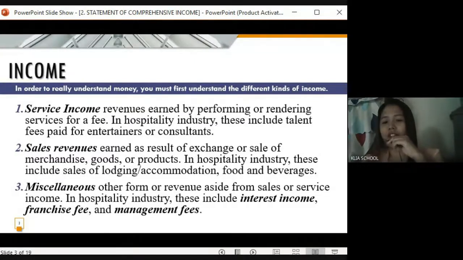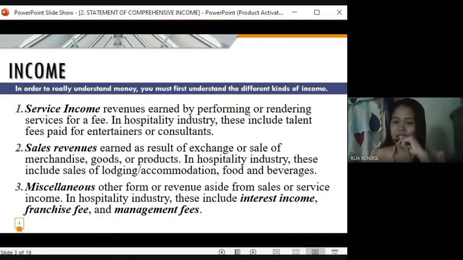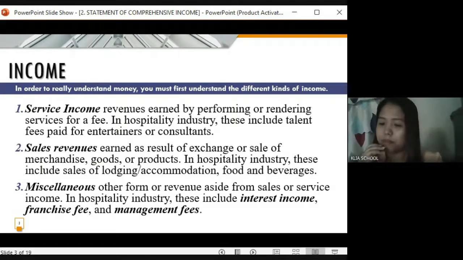So kapag sales revenues naman, ito yung tinatawag na income natin para sa exchange of sale. Kumbaga, ang kaibahan niya sa service income is that ito naman ay produkto ang binabayaran. Or kumbaga katas ng produkto or katas ng kita or benta. Okay? Kaya meron tayong tinatawag na sales revenues.